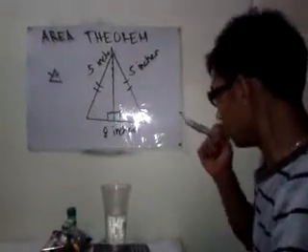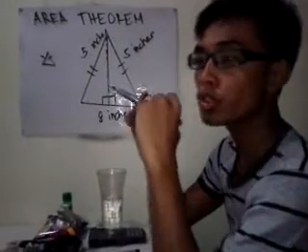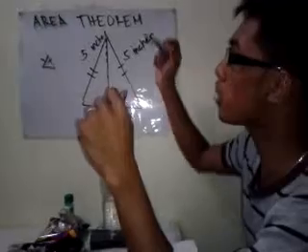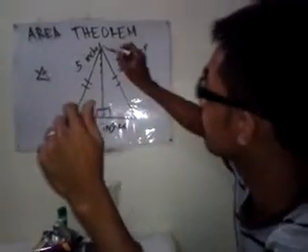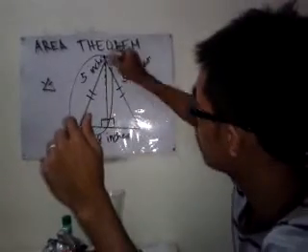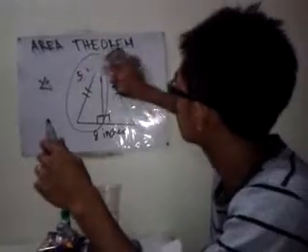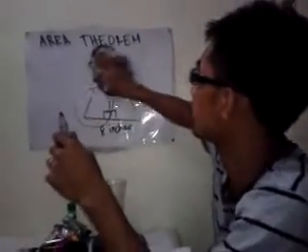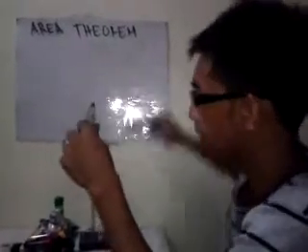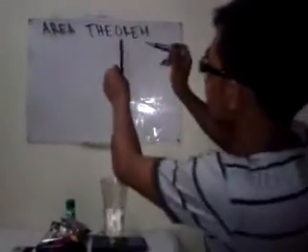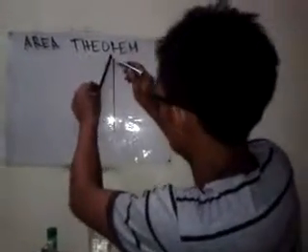We're not going to focus on both triangles since they are equal, so we're going to focus on one face only. I'm going to erase this first so that it will be clear for us.